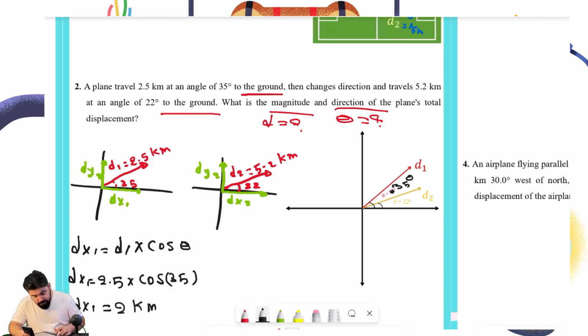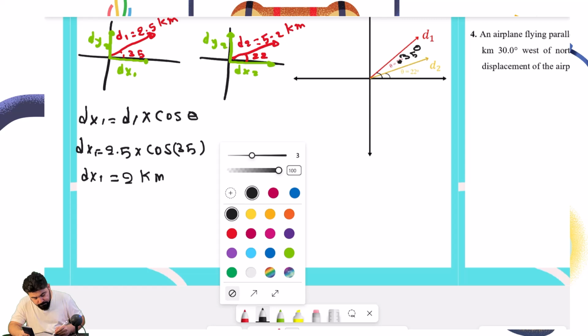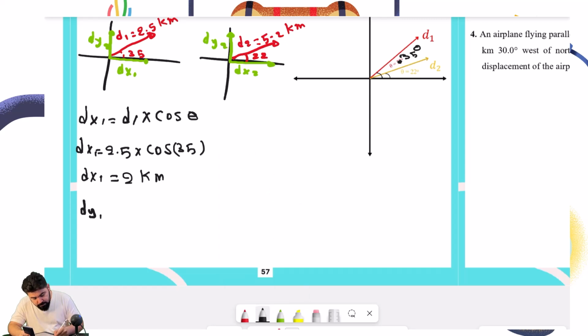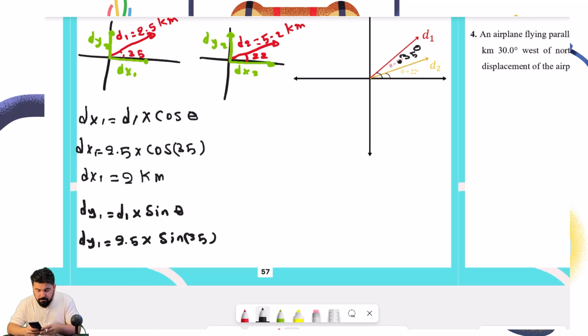Let's find dy1. dy1 is equal to d1 multiplied by sine theta, so 2.5 multiplied by sine 35. Let's calculate this. The result is equal to 1.4 kilometers.